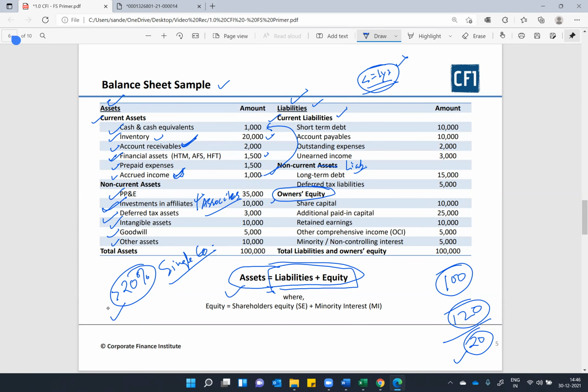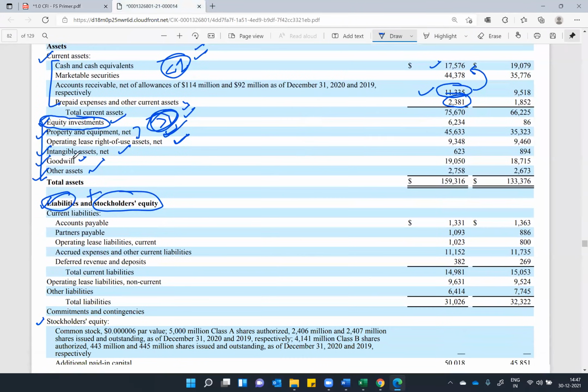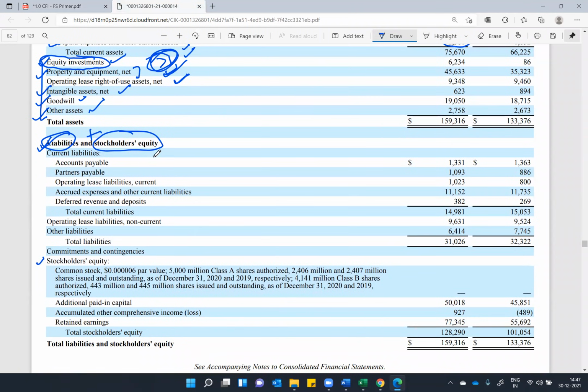In current liability you have short-term debt, accounts payable, outstanding, and unearned income. But before I discuss this sample, let's move back to the Facebook balance sheet and talk about the real numbers first, and then we'll talk about the sample statement as well.